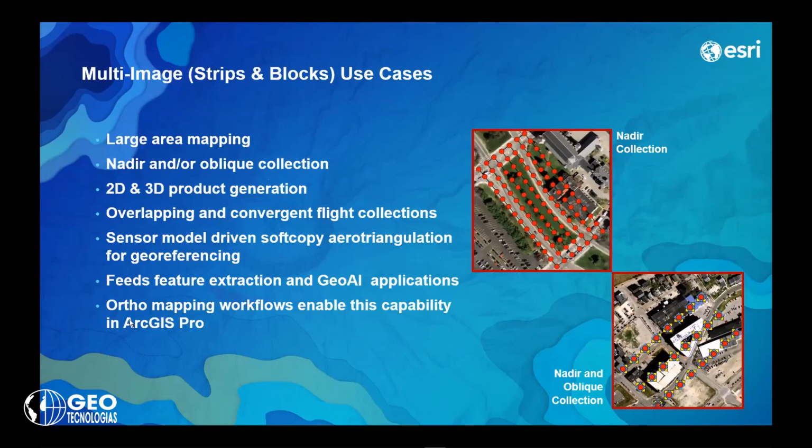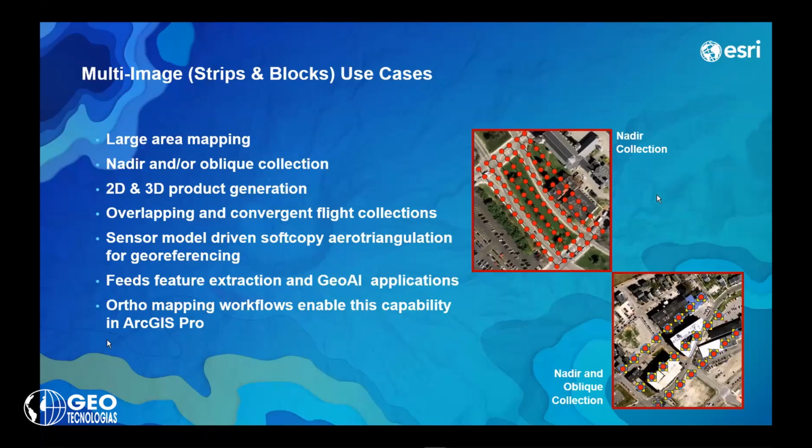And very often, these products, these large area multi-strip, multi-block collections are used to create orthophoto base maps of a country, of a state, of an area. So these capabilities, these multiple image and strips and blocks, are the orthomapping workflows in ArcGIS Pro. And so we're going to look at these workflows in the examples I'm going to show you here in just a moment.